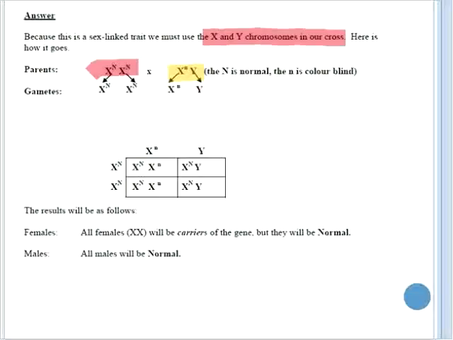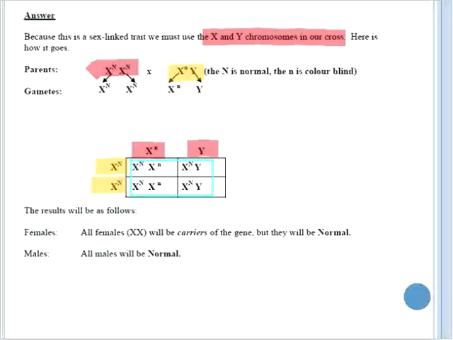If this was indeed the case, the alleles from mom would be X big N or X big N. And again, note that we attached the allele to the actual sex chromosome, because it is indeed sex-linked. For the male, X little n or Y. The cross then yields the following.